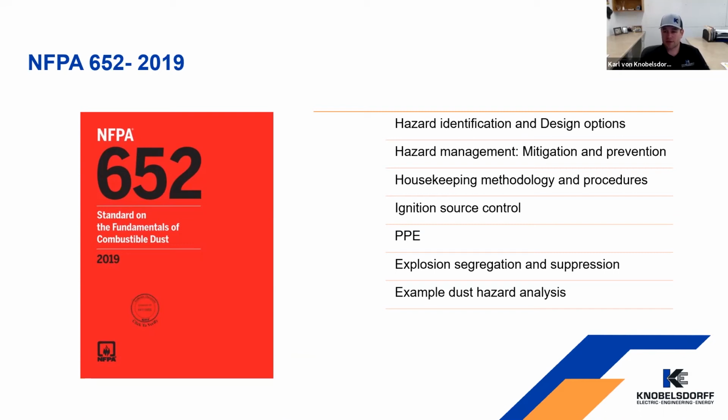That's a big term that you're starting to hear a lot in the last few years: getting your DHA done. Have you done your DHA? There's lots of engineering firms out there that are helping facilities get that dust hazard analysis done, and we then use that information when we do facility classification for the explosion classification for all your electrical and equipment installations.